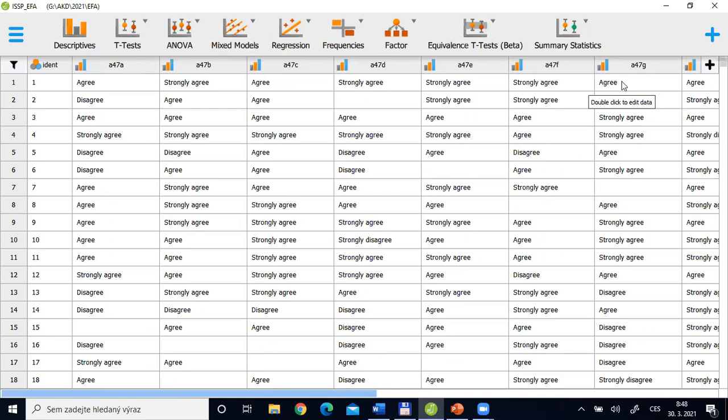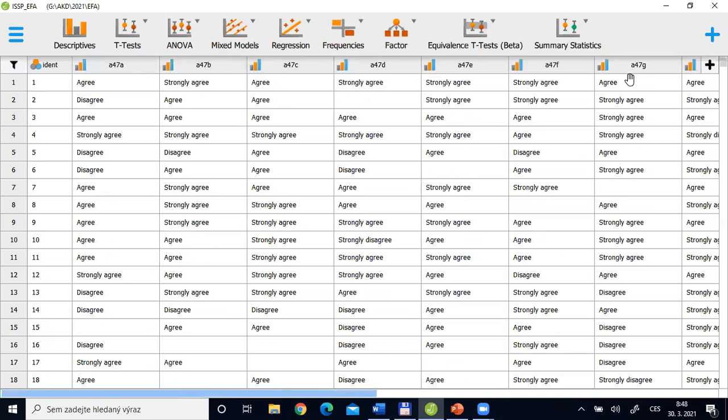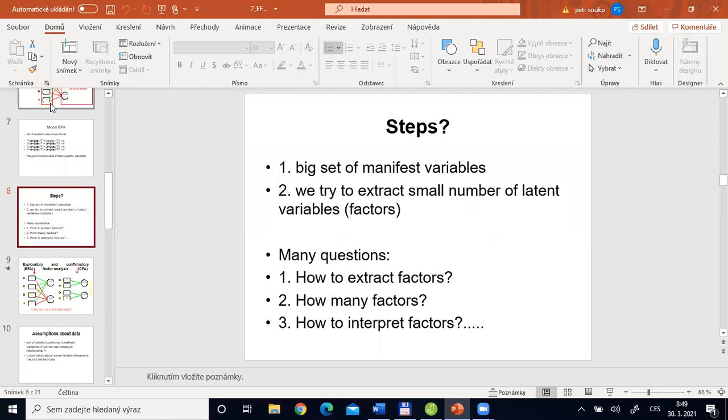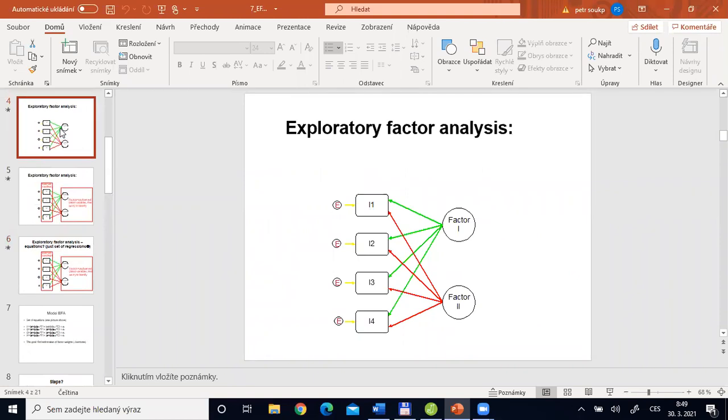And my main goal is that I try to reduce this quite big set of original variables into a small number of latent variables, once again called factors. So instead of originally, for example, 11 items, maybe I would be happy if I would get at the end of my analysis 1, 2, or 3 variables that will replace the original data. That's why you can also discuss factor analysis, doesn't matter if exploratory or, as we will later cover, the confirmatory version, as a technique for dimension reduction.